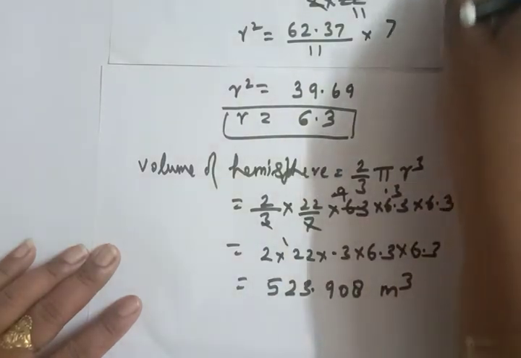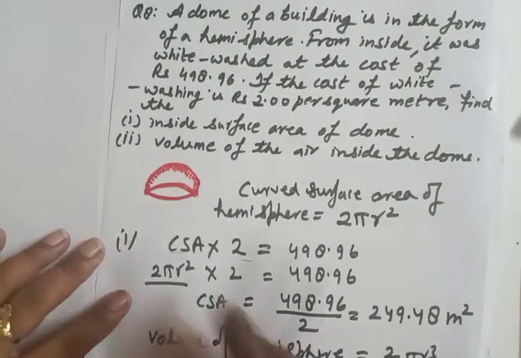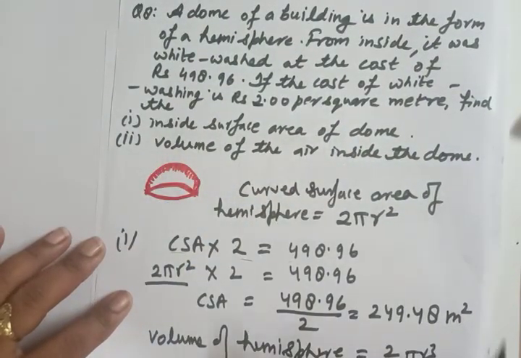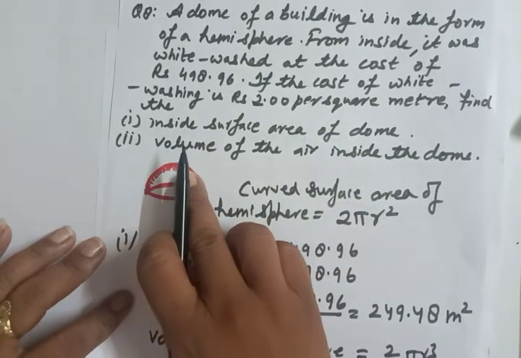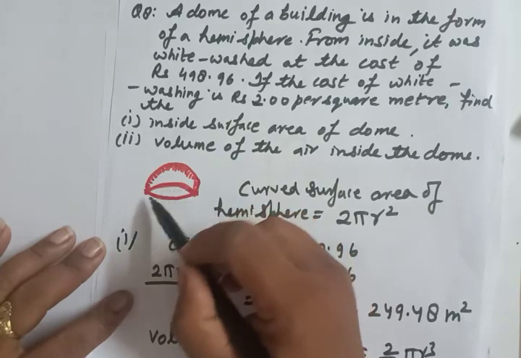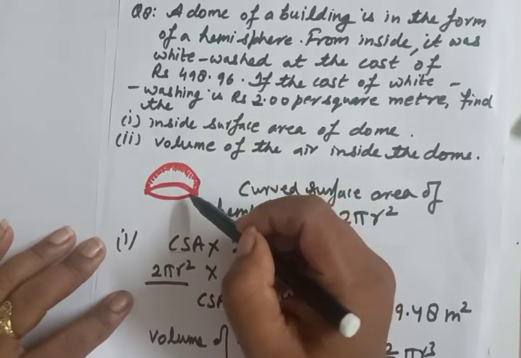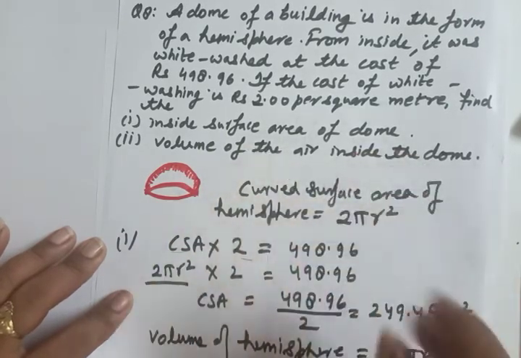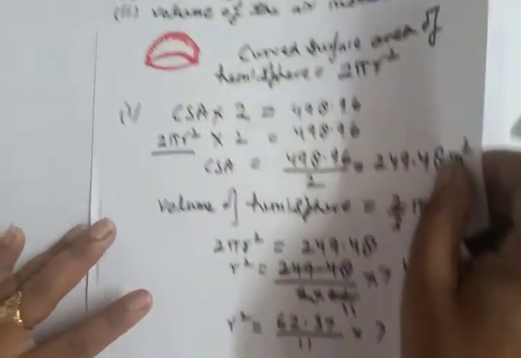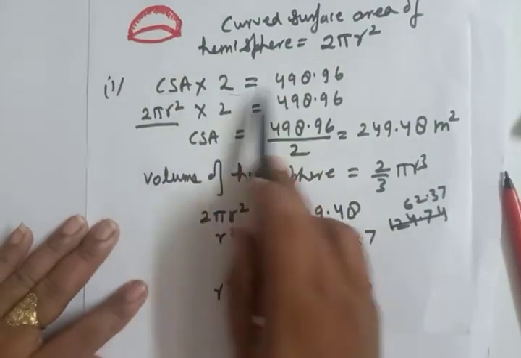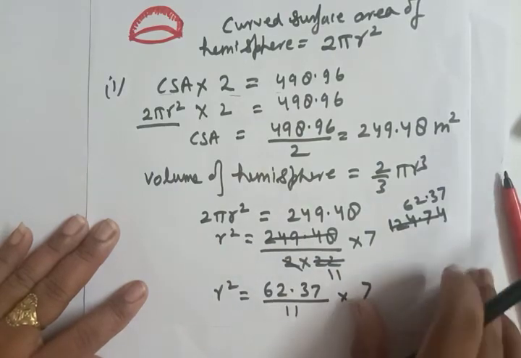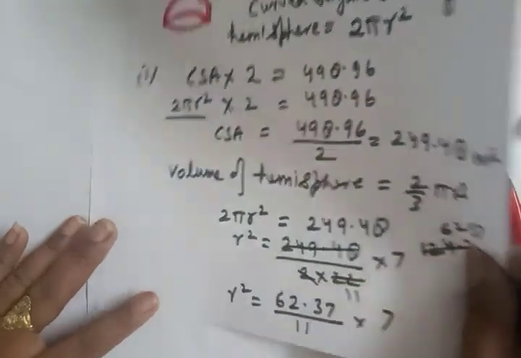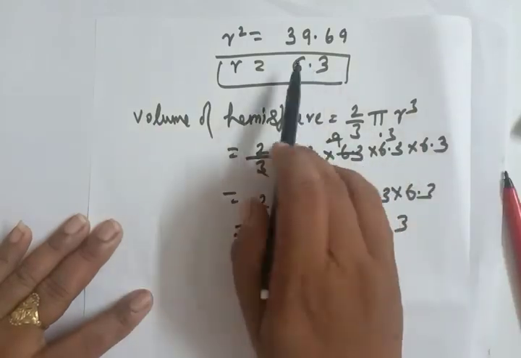Let's understand the question again. Inside surface area of the dome, I already explained. For the volume of the air inside the dome, we need to find the volume of this hemispherical dome, and whatever the volume, that will be equal to the air inside it. Because r is not given, we calculated the value from this equation only.